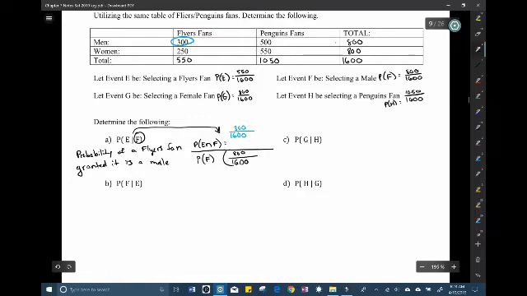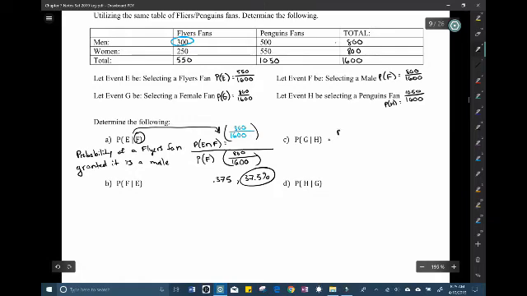If you divide that into your calculator, you get 3/8 or 0.375. So the probability is 0.375 or 37.5%.